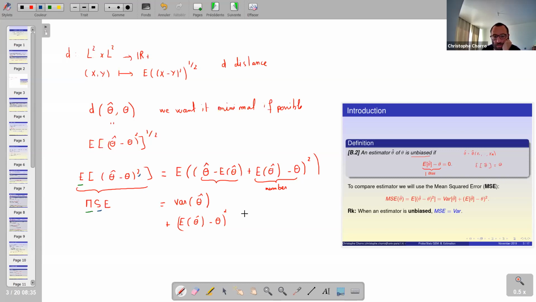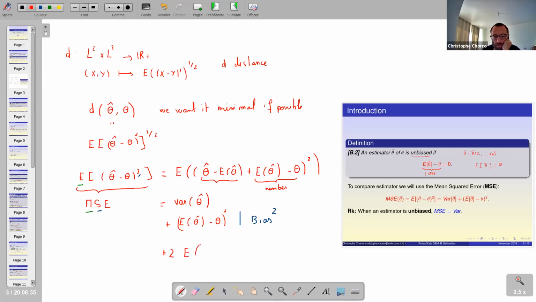And I remark here that I have the square of the bias, because this quantity is the bias. So I have the square of the bias plus the double product. And what is this double product?